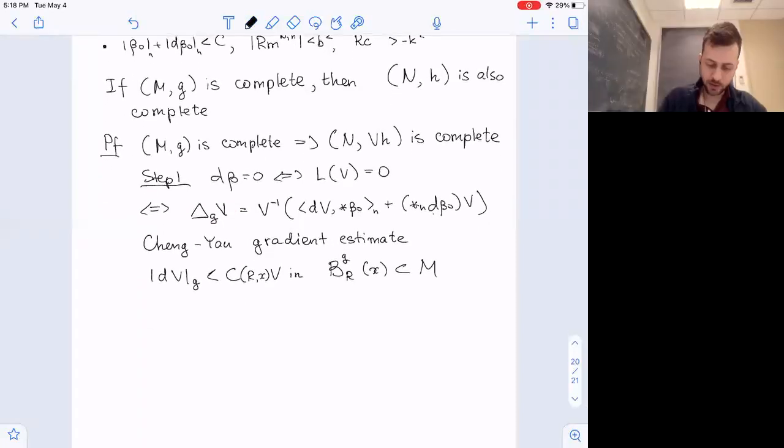So now let's assume that this manifold is not complete. We can take any point on the base space, y in N, and we can start blowing up a ball until it hits the boundary. Take a ball of some radius r, and it has hit a boundary somewhere here. So this is y star.